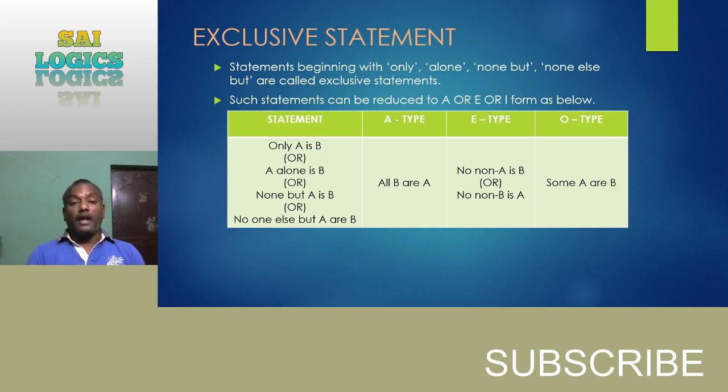So I thank everyone for watching my video, and I hope that you have understood what is a statement and what are the types of statement and how we can analyze and understand a statement. In the coming video, we will discuss about conclusions and the way and types of conclusion and the way to derive a conclusion.